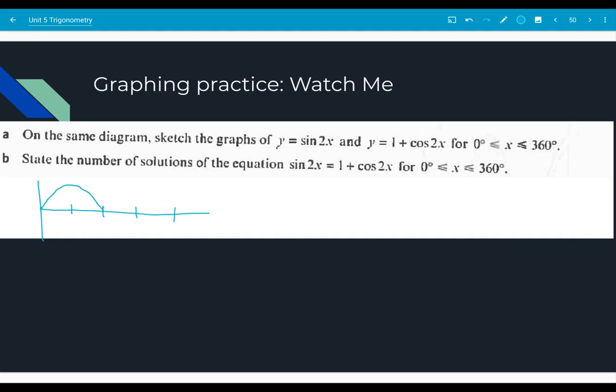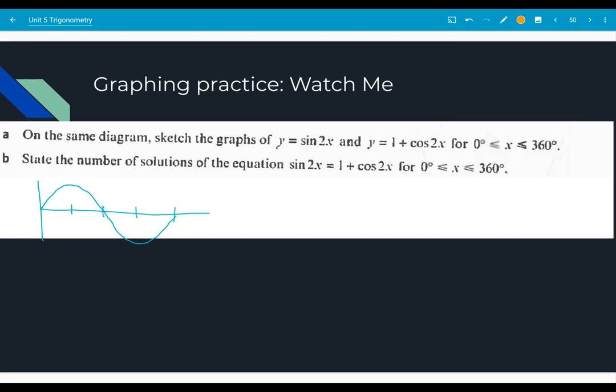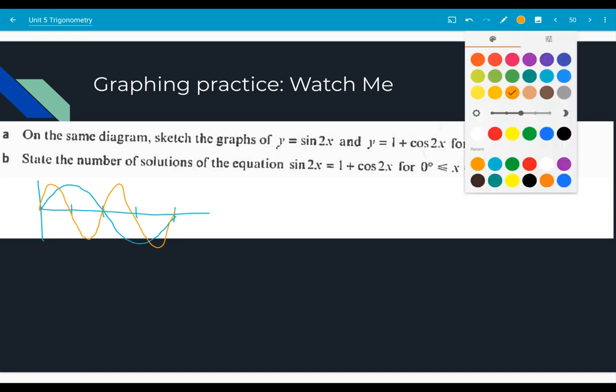So it normally looks like that, but this particular one is going to look like that. We've got 2, and then we're looking at y equals 1 plus cosine of 2x.